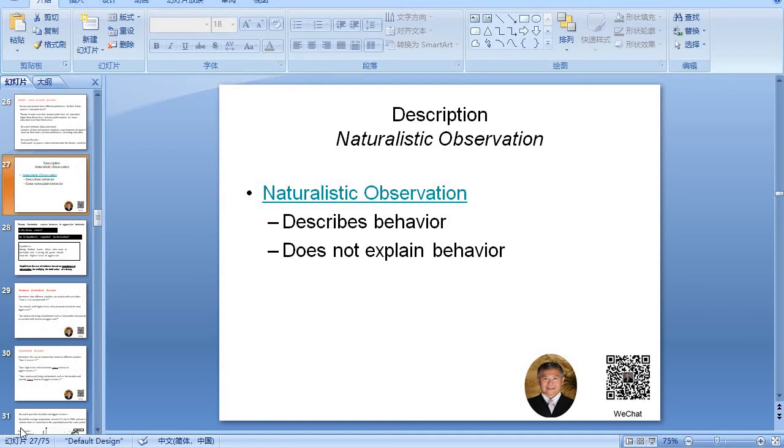Welcome back. We have talked about two types of descriptive research. One type we talked about was case studies. Case studies are very useful when we have very few cases, when we have very few individuals with a particular characteristic.